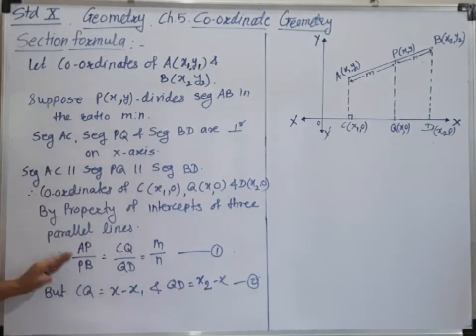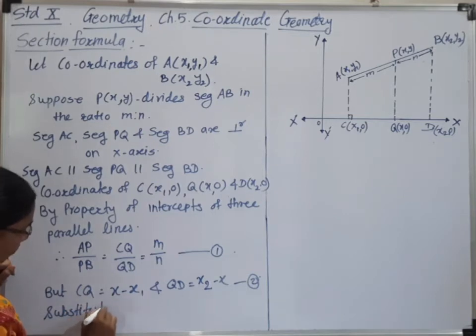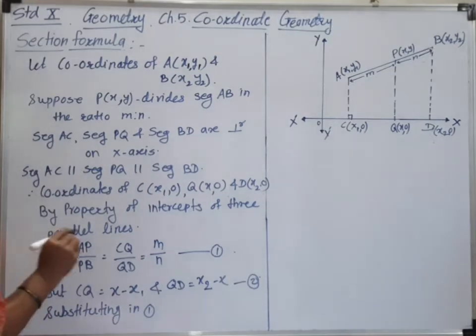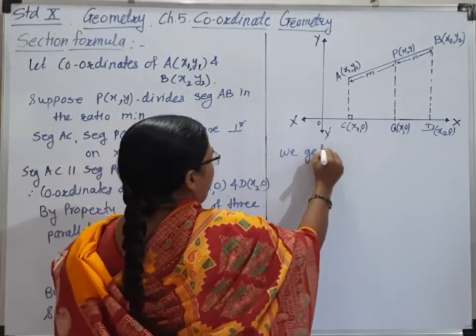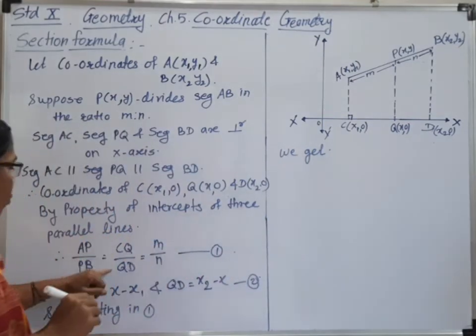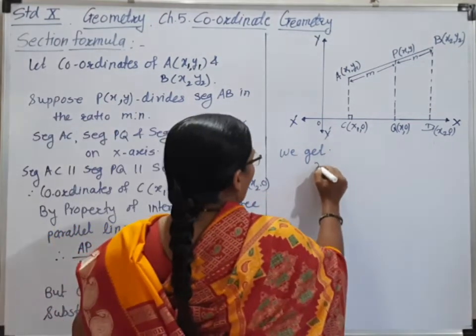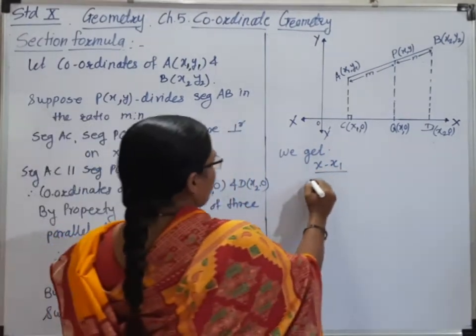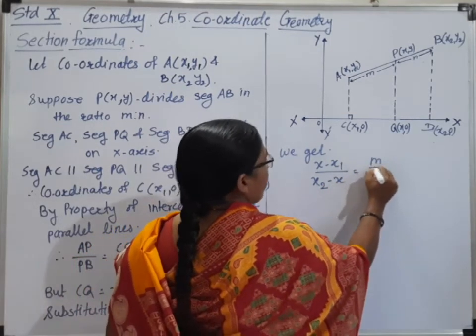Substituting these values in 1, we get CQ upon QD is equal to X minus X1 upon X2 minus X, that is equal to M upon N.